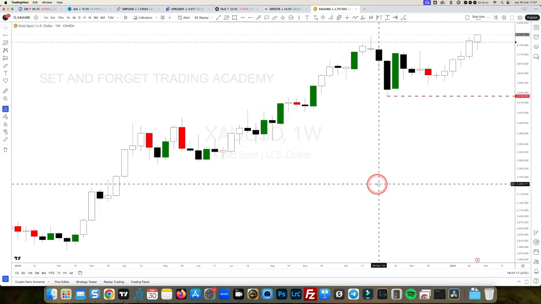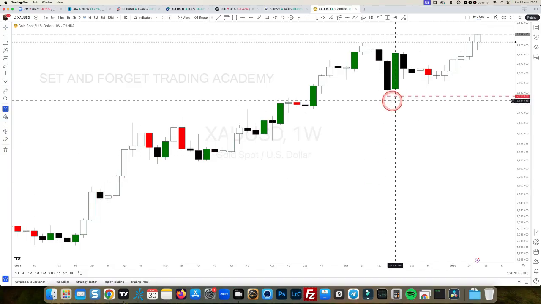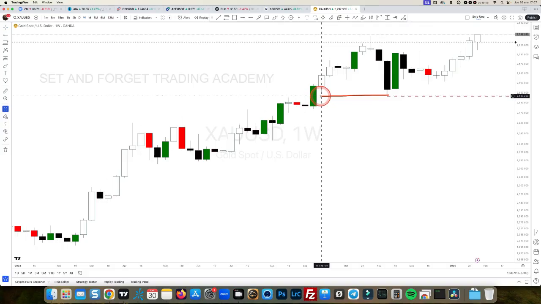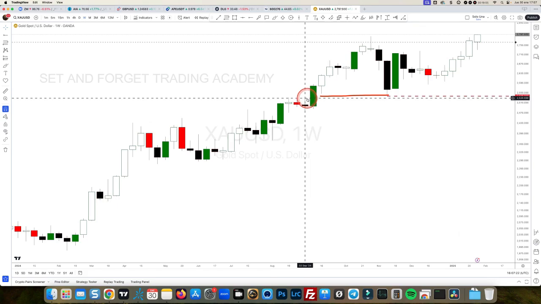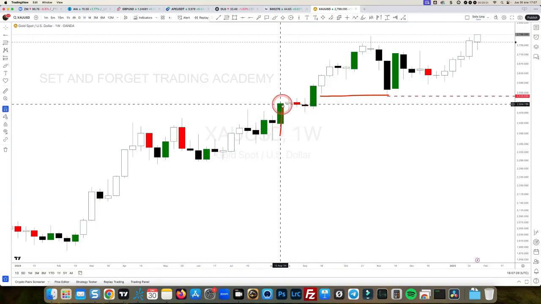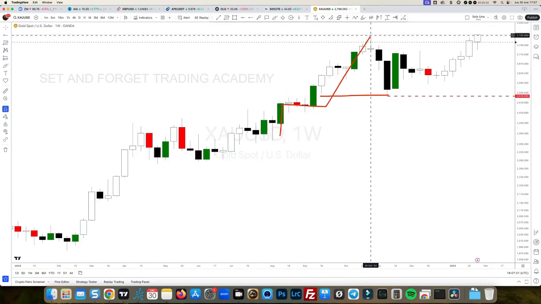Okay? So we need now to go left, and we stop when we bump into price action. And there we bump into this structure. Is this a valley? No, it is not. It's a continuation pattern. This is a rally, leg in, base, leg out.